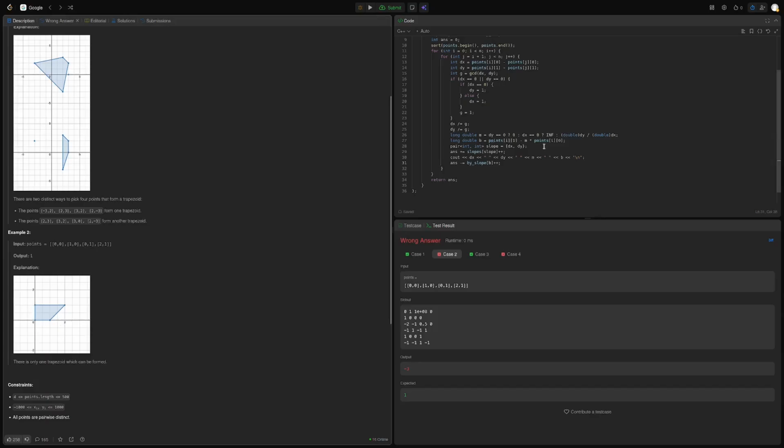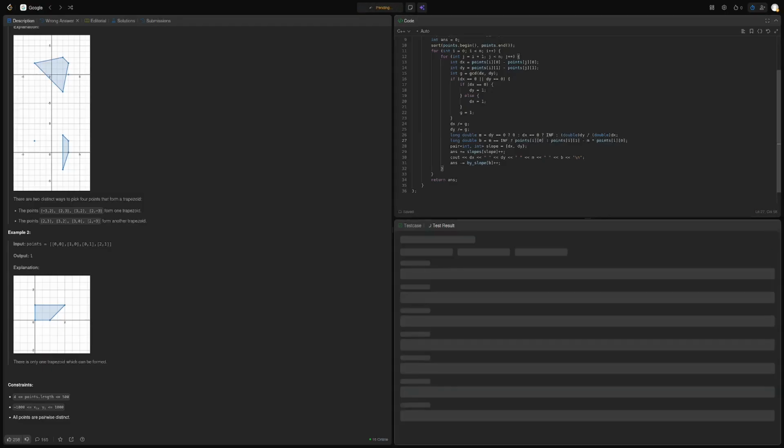Well, they should have infinite slope, I think, or the intercept should be infinite, so then we do point I 0, otherwise we do this.